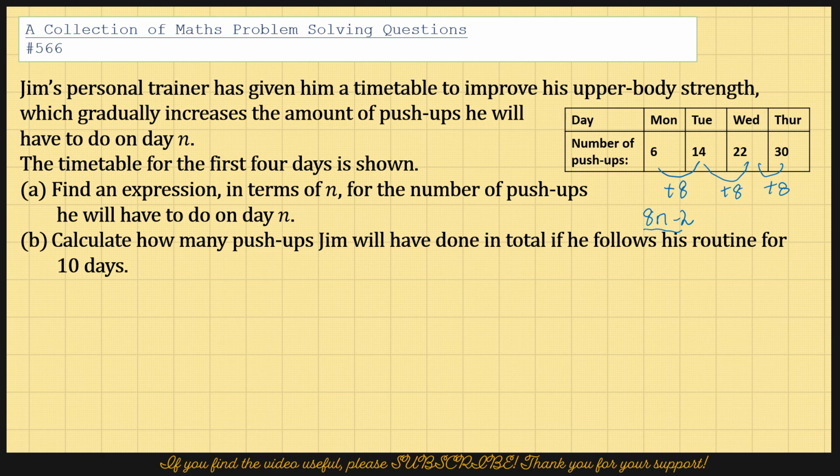Next we need to calculate how many push-ups Jim will have done in total if he follows his routine for 10 days. So we need to work out the sum to n terms, or the sum to 10 terms in this case.